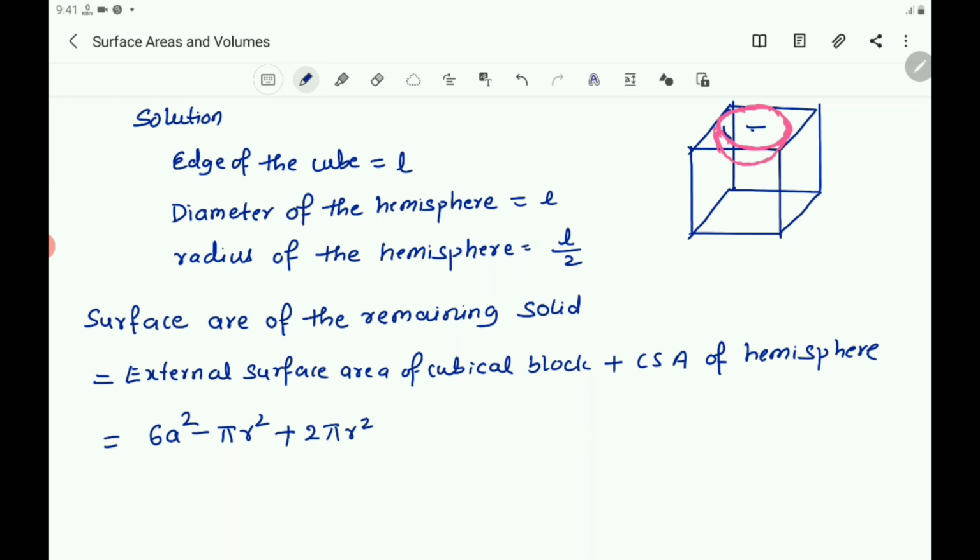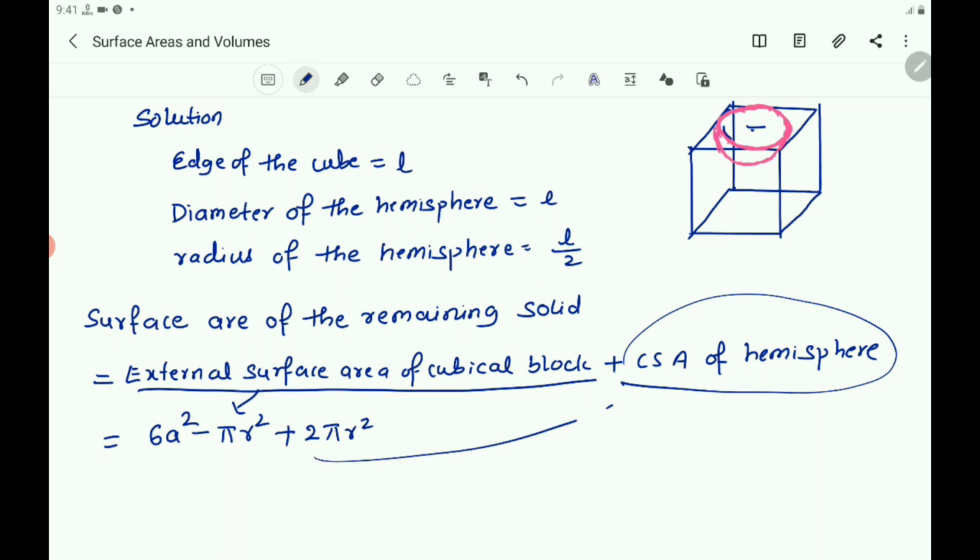Here the external surface area of the cubical block is 6a square minus pi r square, and the CSA of the hemisphere is 2 pi r square.